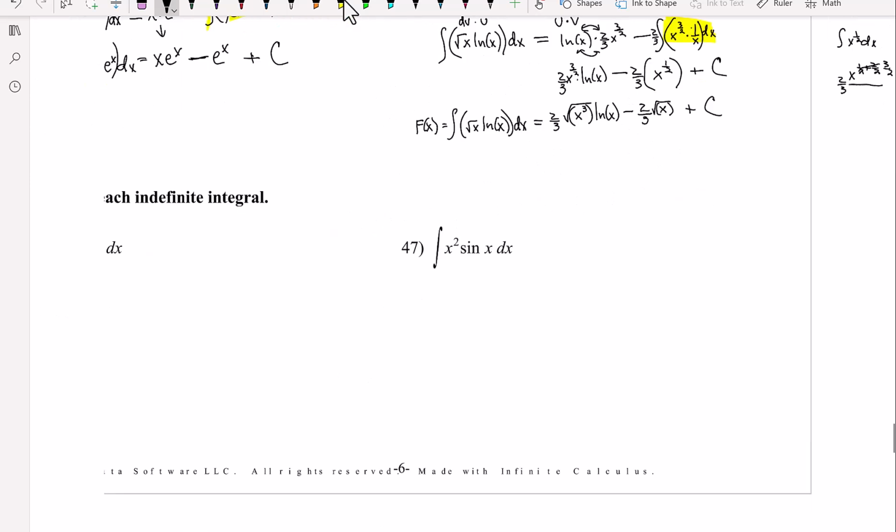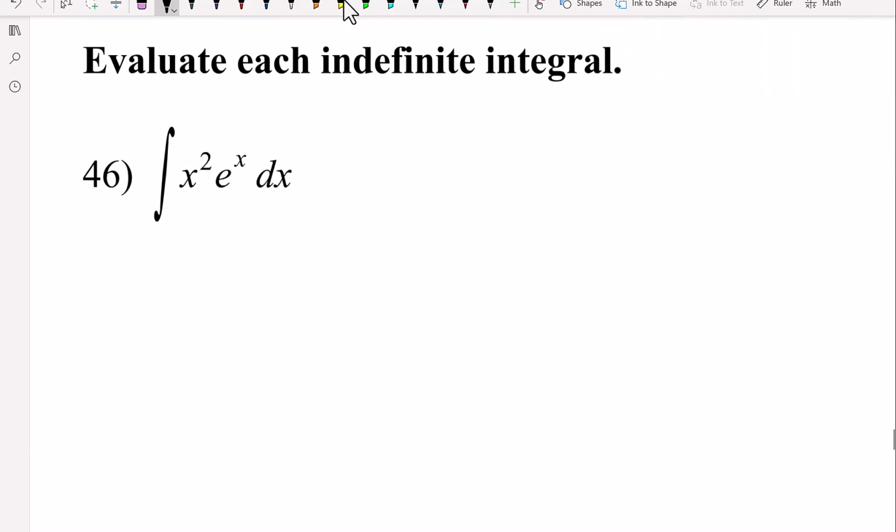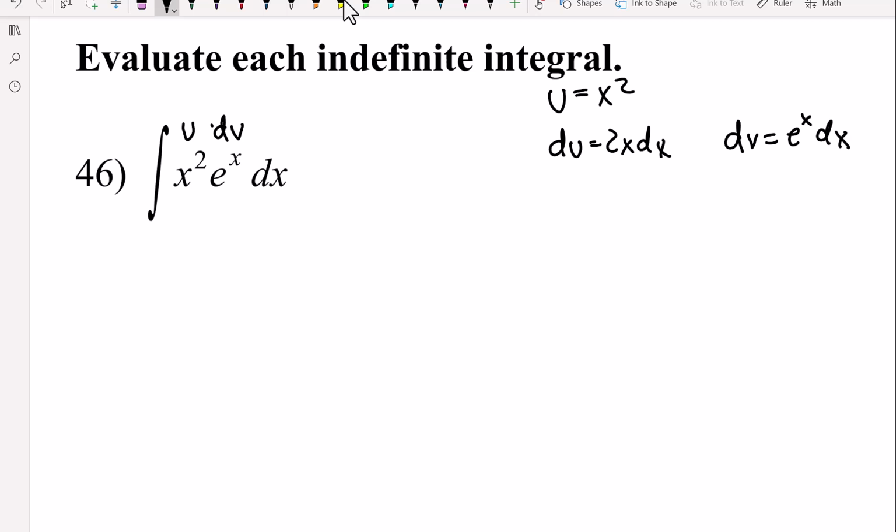All right, now we're going to go down here to do integration by parts, but you'll have to do it 2 times. So this will be our u, this will be our dv. So if our u is x squared, our du is 2x dx, our dv is e to the x dx, and our v is e to the x.